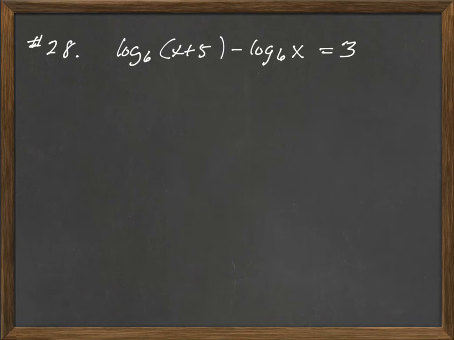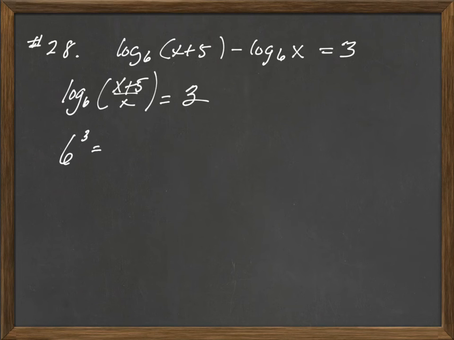Let's do number 28. This would be, combine it, log 6 of x plus 5 over x again equals 3. And we might see it a little clearer. This is just like 27, only it doesn't have an e. This would say 6 cubed is equal to x plus 5 over x.